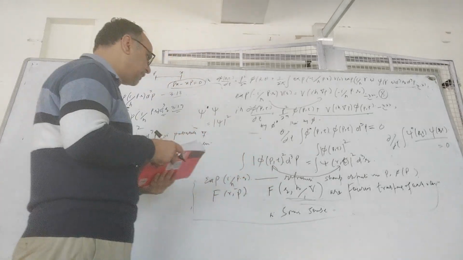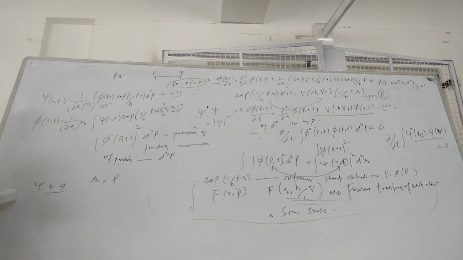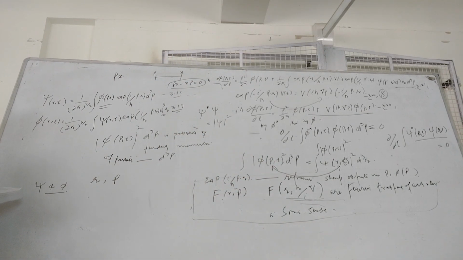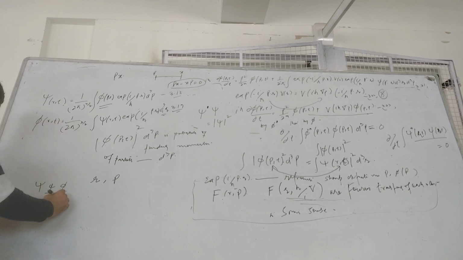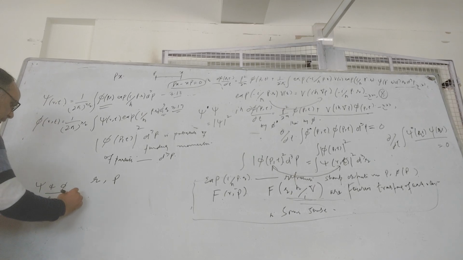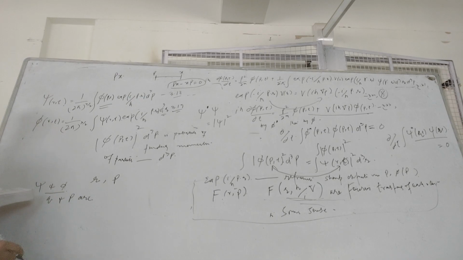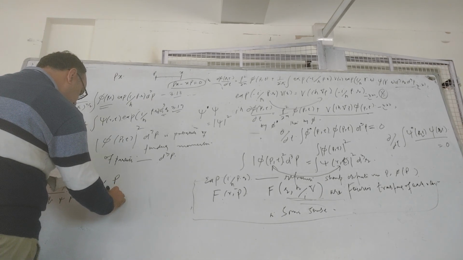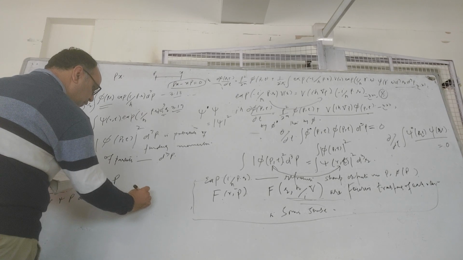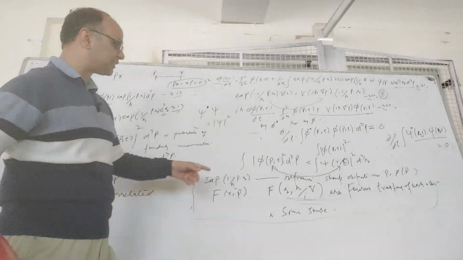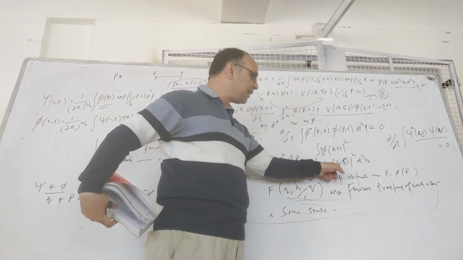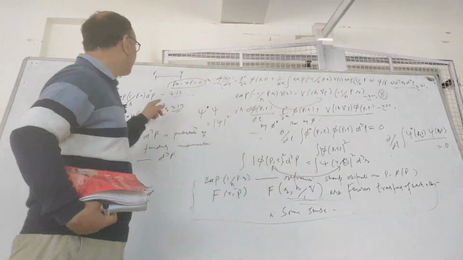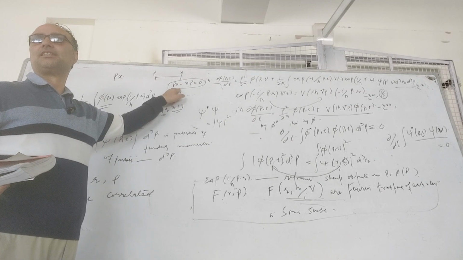So it means Q and P are correlated. So it is seen from our this exercise. So phi and R यहाँ पर ये independent है classical mechanics में.